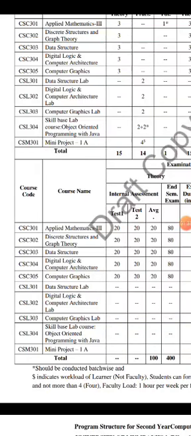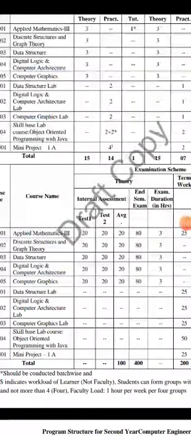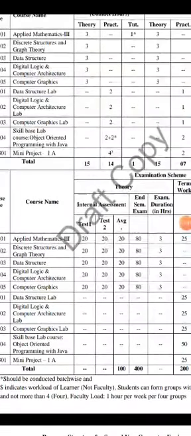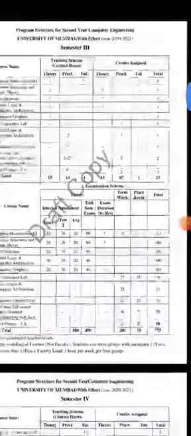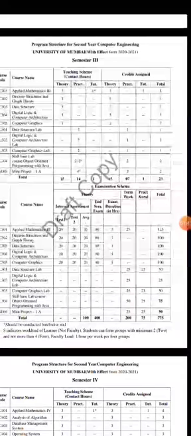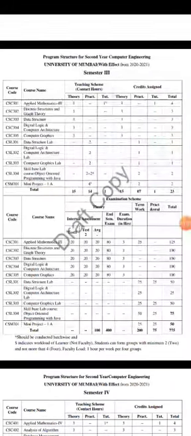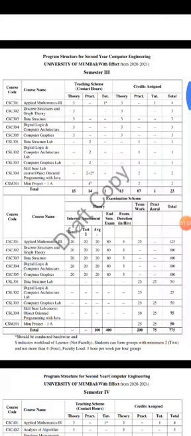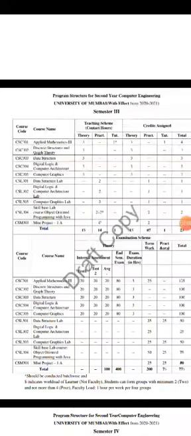In the final examination, you have to give an 80 marks theory paper for this subject. So the overall weightage of this subject is 100 marks. There is no term work for this subject. As I said earlier, there are no practicals, no term work. There will be only the internal exam and you have to give the final theory paper of 80 marks.